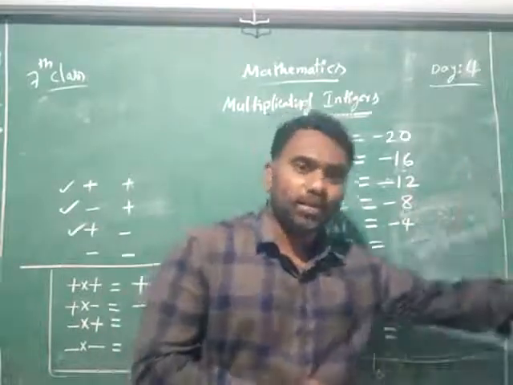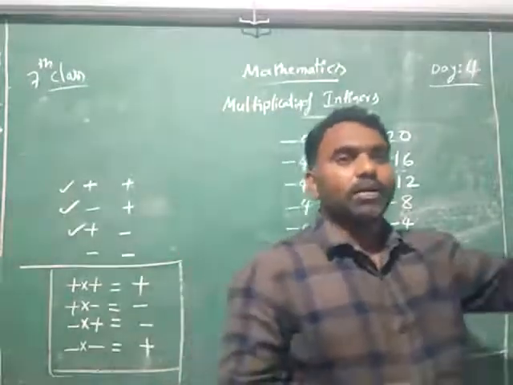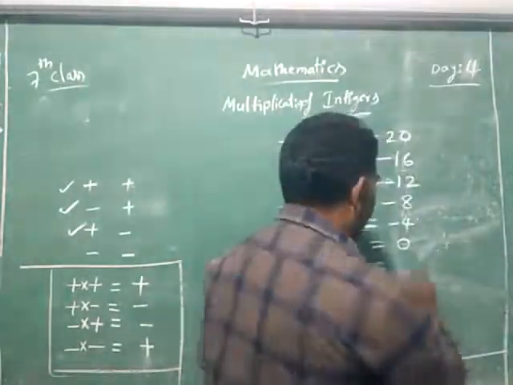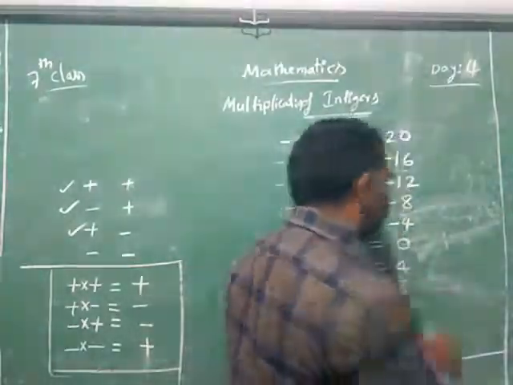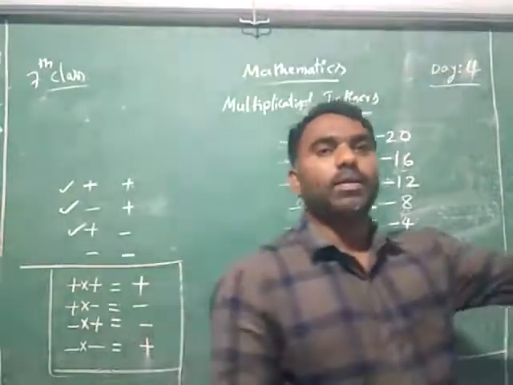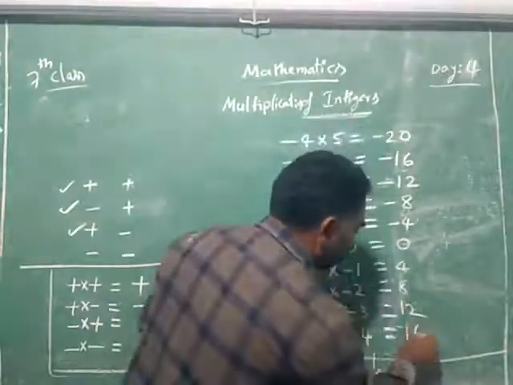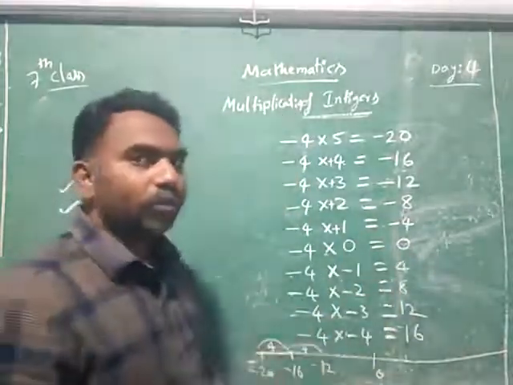Forward 4 steps again, then it will go to 0. Again 4 steps forward, 0 to 4. 4 onwards 4 steps forward, 8. 8 onwards 4 steps forward, 12. 12 onwards 4 steps forward, 16. So this is the way we are getting the answers.